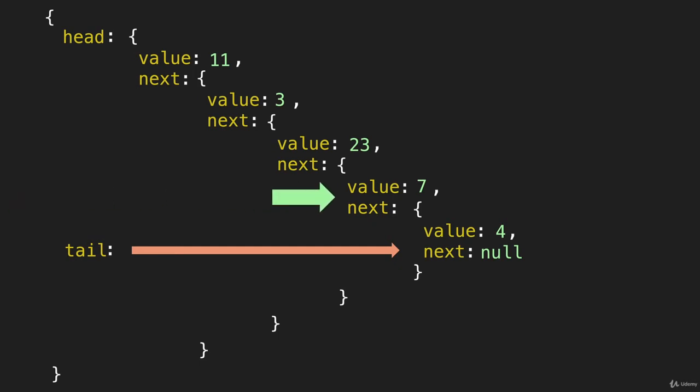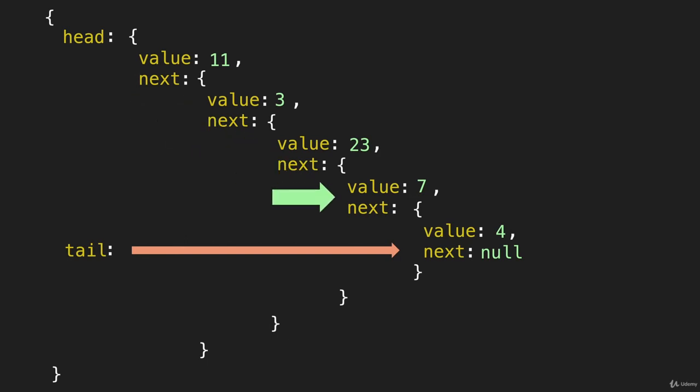Well, we need to set it equal to something else that points to this node, and the only thing that points to this node is the next value in the previous node. The only way to get to this node is by the next value in this node, and so on, and so on. And this is why we have to start at the head and then iterate through this until we get to this node.